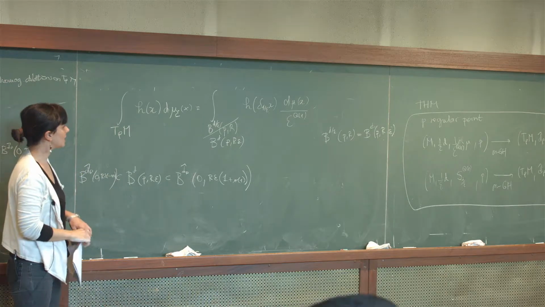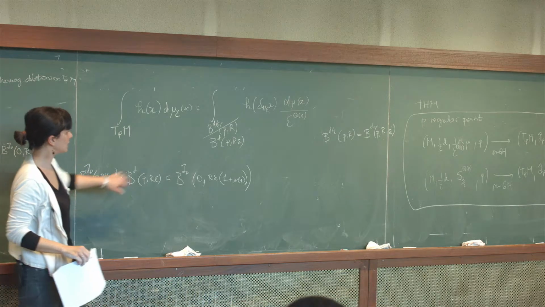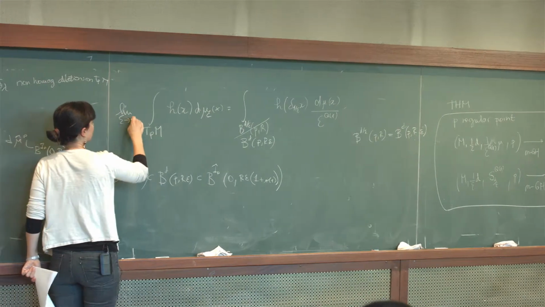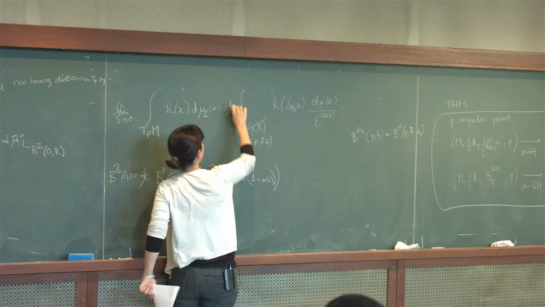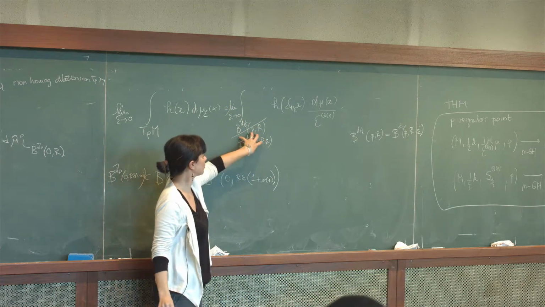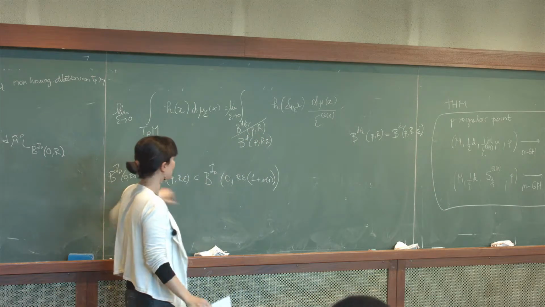Okay, so basically what I'm saying is that this integral, when I take the limit as epsilon goes to 0, I can integrate this function either on this ball or on one of these sets.